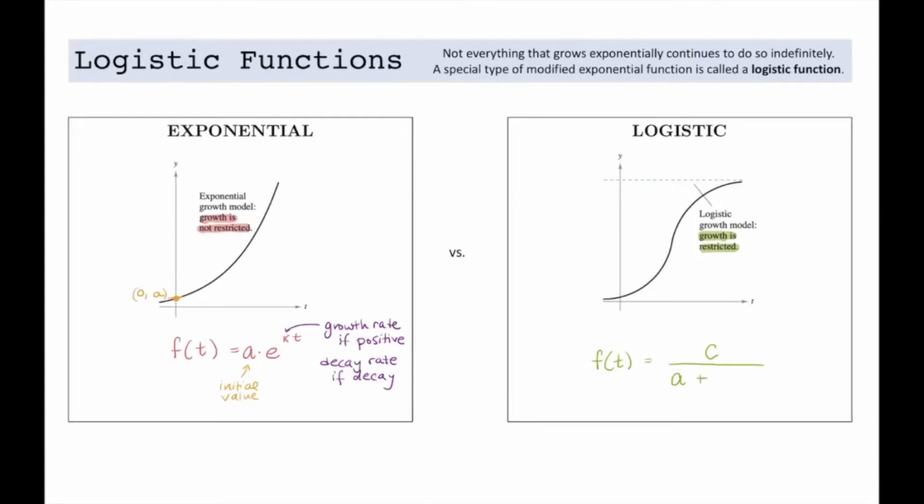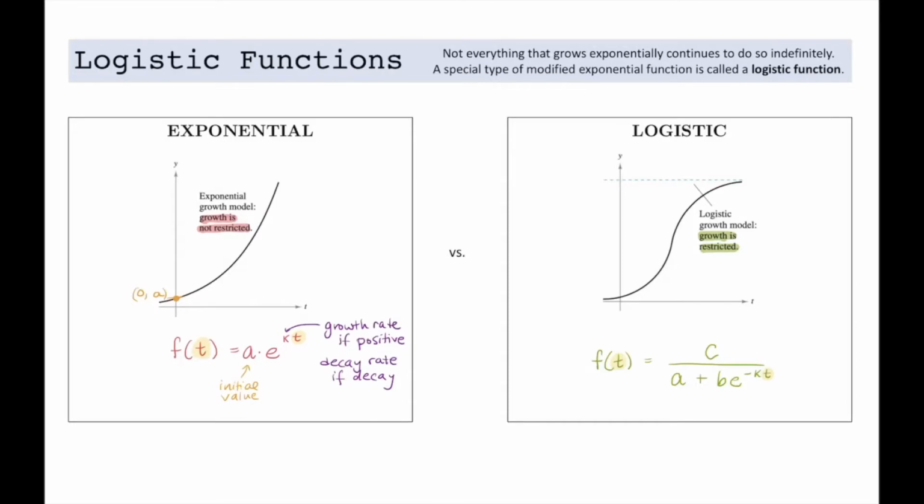So this is C over A plus B e to the negative kt. I know there are a lot of letters here, but this t is the variable, just like it is in the exponential formula. The a, b, c, and k are all numbers that would be present for your specific situation or formula.